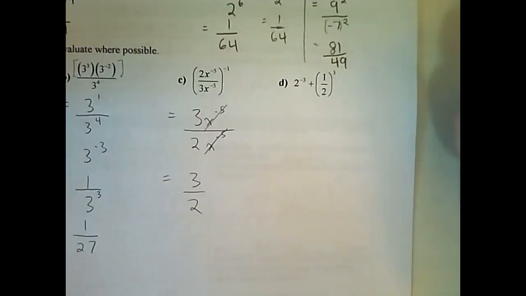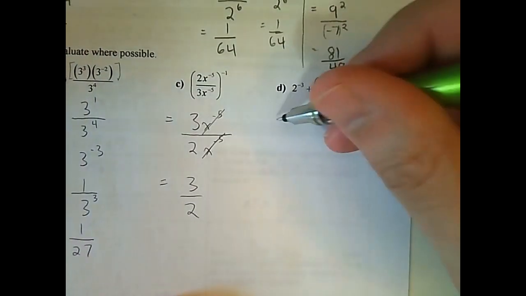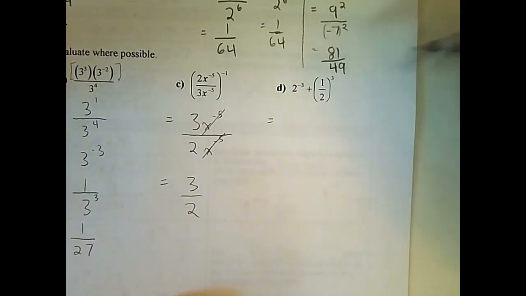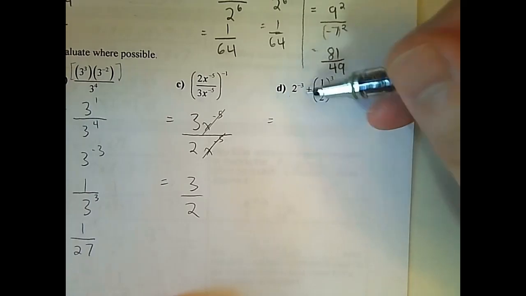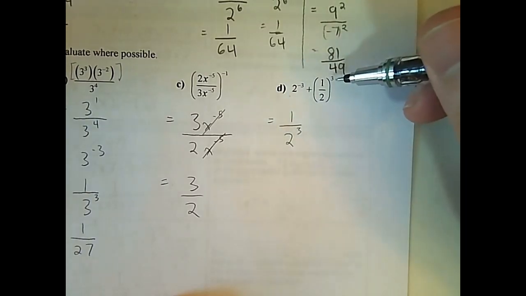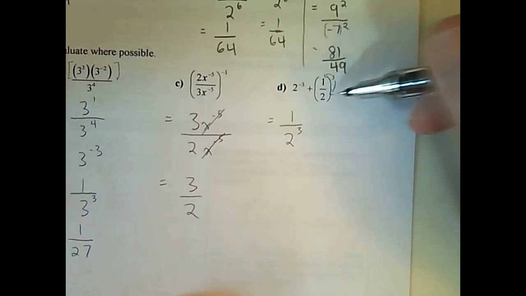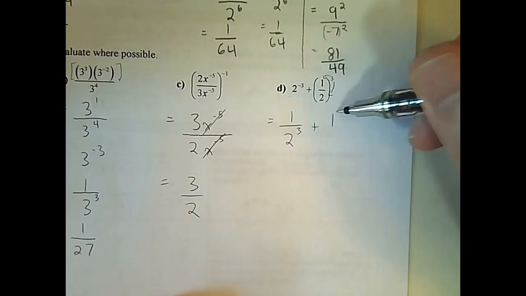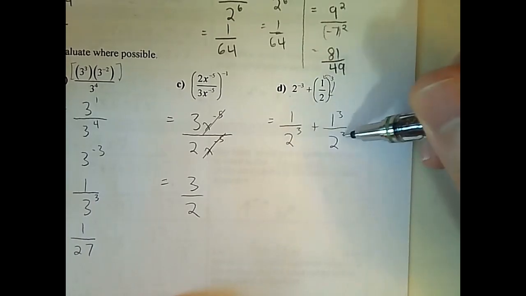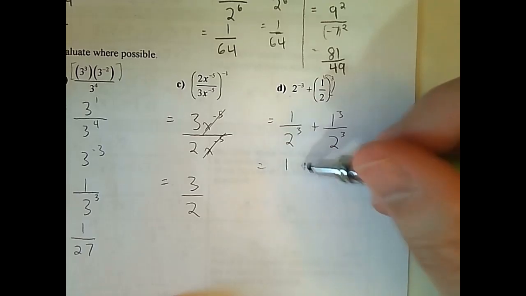Okay, our last one here. There's a couple ways we could do this. One way, if we wanted to, is first just apply this to make it a positive exponent. And then I could apply my exponent to the top and the bottom of this fraction. So I get 1 to the power of 3 over 2 to the power of 3. 1 to the power of 3 is just 1.